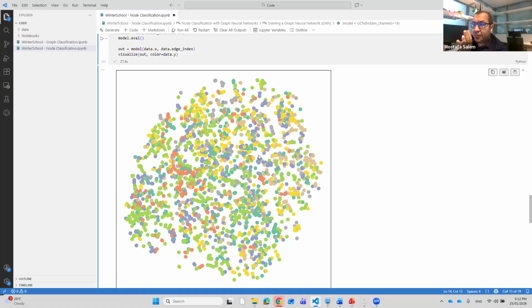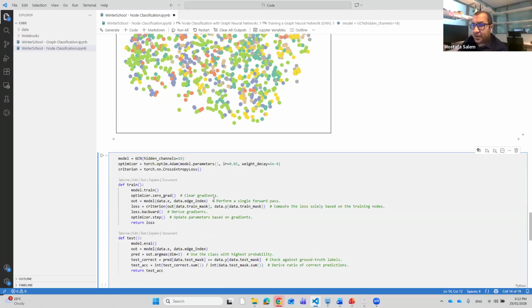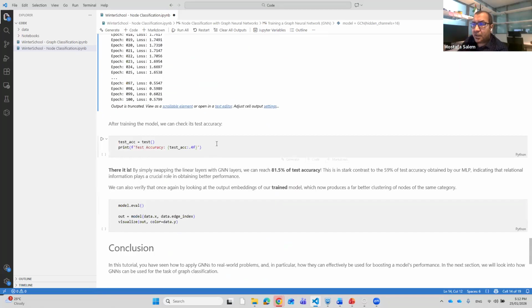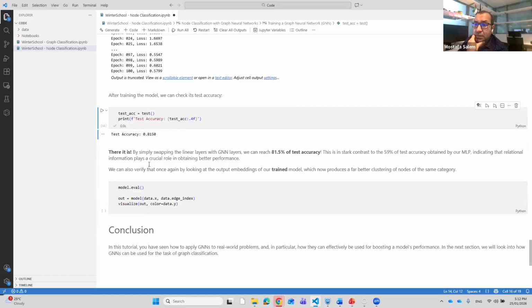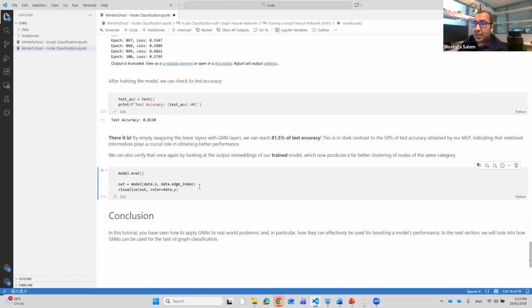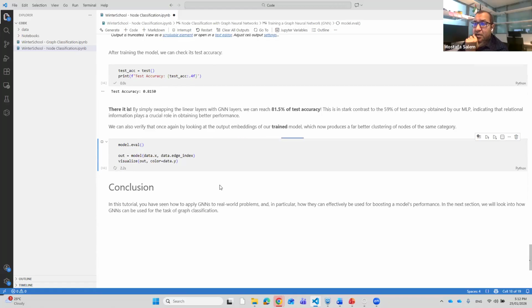So the embeddings of the nodes are not separated. After learning and passing the graph to the GNN, I will show you what the GNN learned now. The accuracy becomes 81%. And this is the feature the GNN learned.